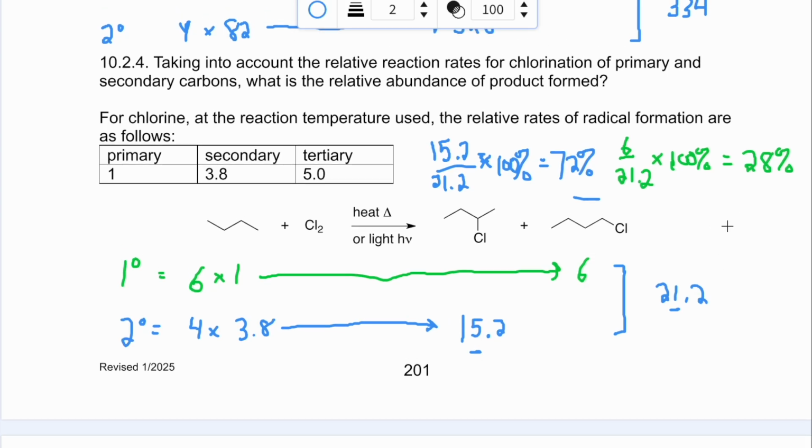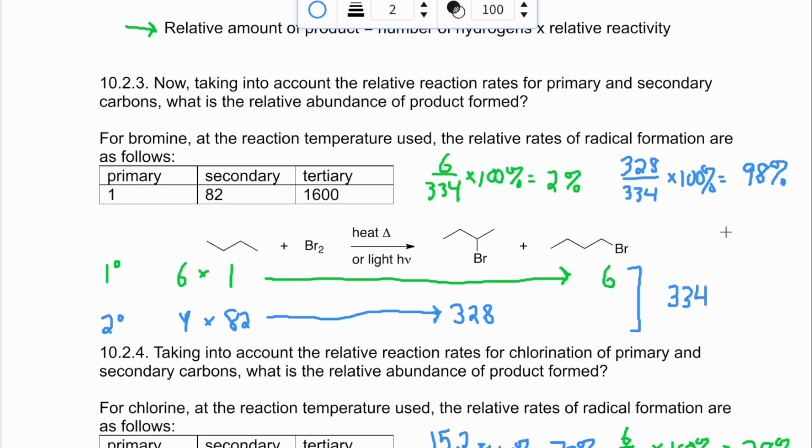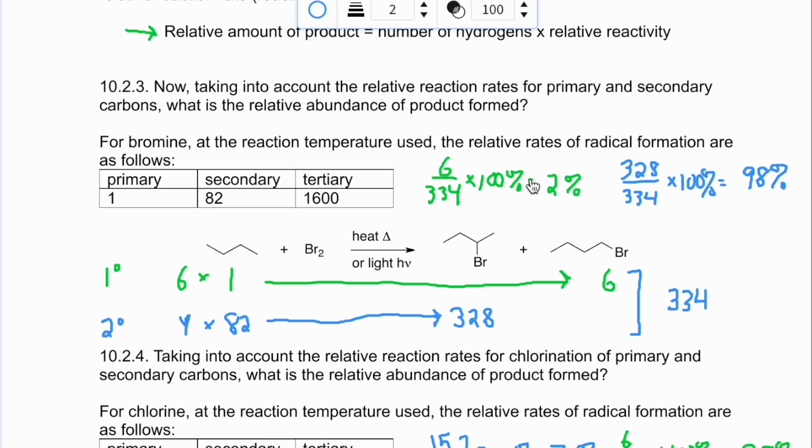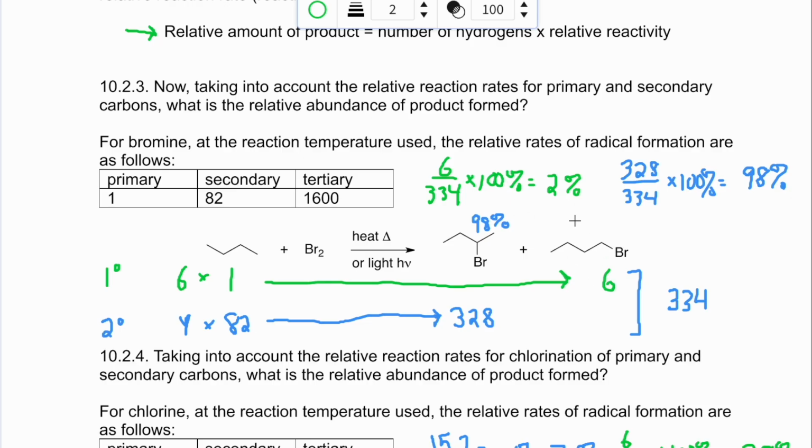So a lot closer than the previous example. It did occur to me that in the previous example, I probably should have switched where I was writing the blue and the green. The secondary product is the one that is 98%, and the primary product is the one that is 2%. So hopefully no one was confused about that.